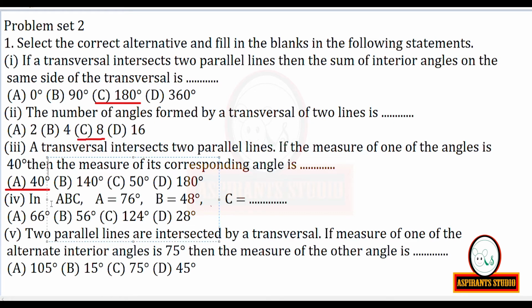Add 76 degrees and 48 degrees, you will get 124 degrees. Then you will be subtracting it from 180 degrees. So 180, when you subtract 124 from 180, you will get 56 degrees as the answer.